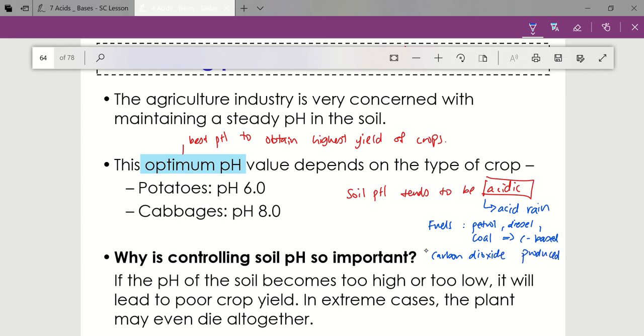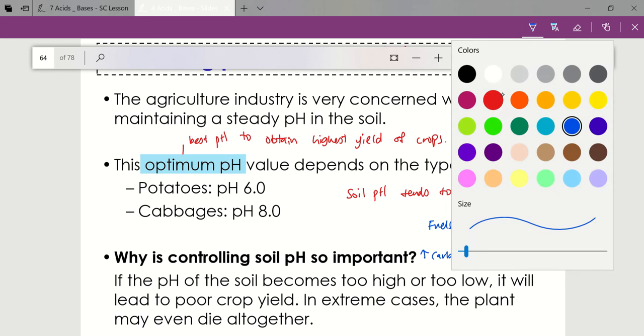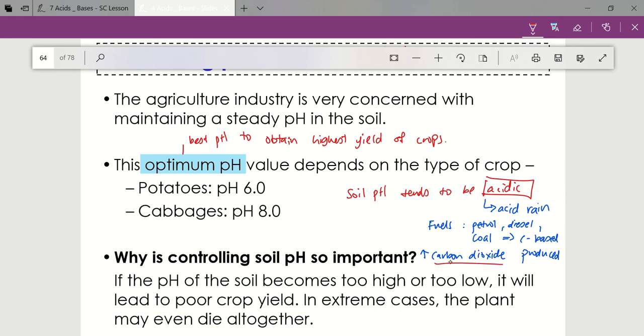So in places where there are a lot of fuels being burnt, the amount of carbon dioxide being produced will also be higher. So what did we just learn about the types of oxides? What type of oxide is carbon dioxide? Carbon dioxide is a non-metallic dioxide, which means that it is a type of acidic oxide.